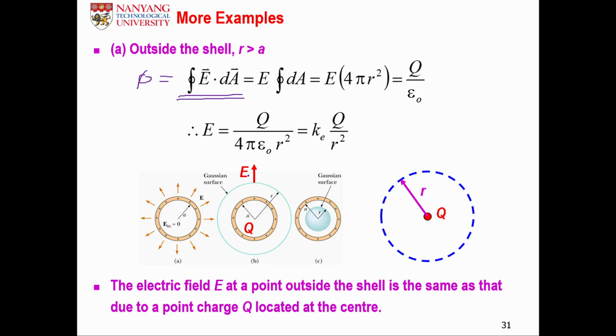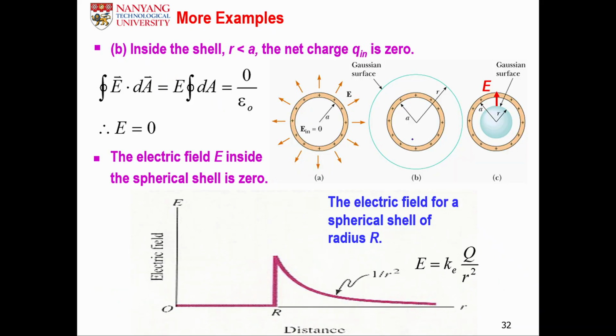If this is the Gaussian surface, then Q in is just capital Q, right? And by the same analysis, you can find that the integration is just E times 4 pi r squared. So you can find E outside this spherical shell.